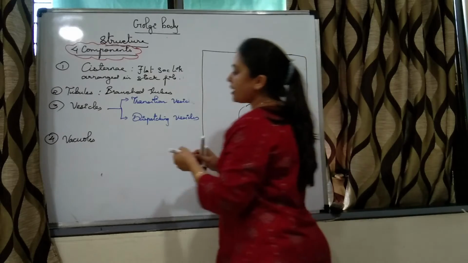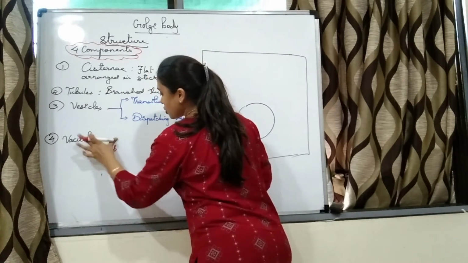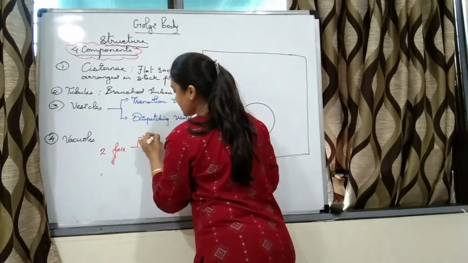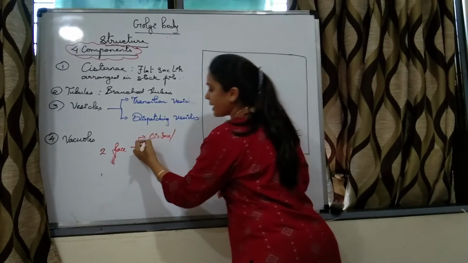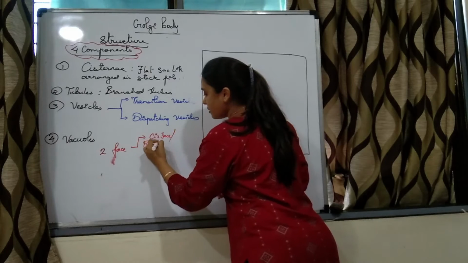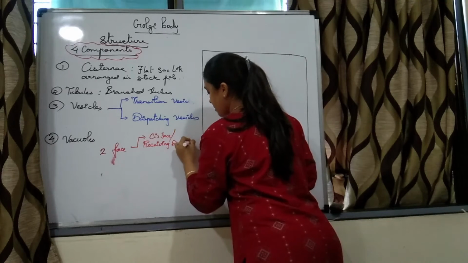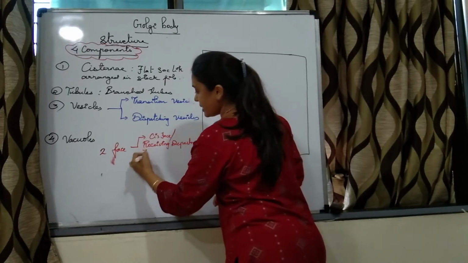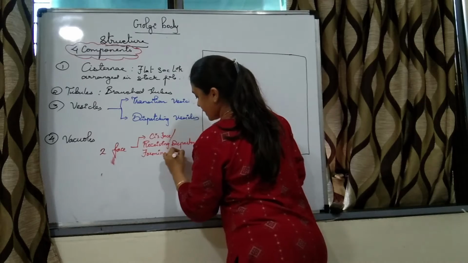Now Golgi body is having 2 phases, right? There are 2 phases, right? That is cis phase, also called as receiving department, also called as forming phase.